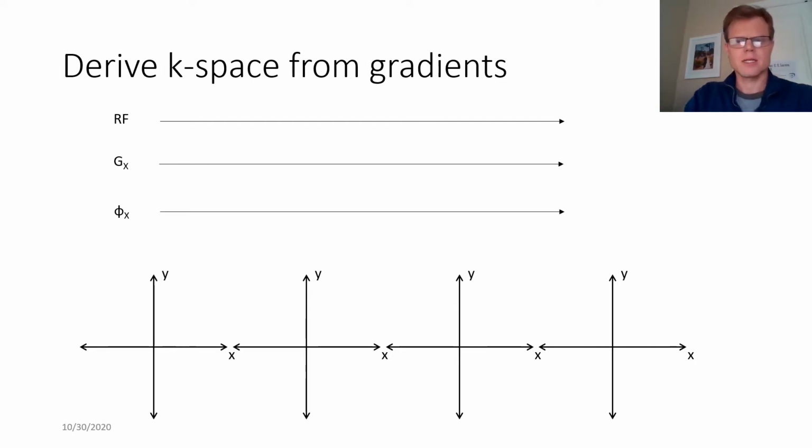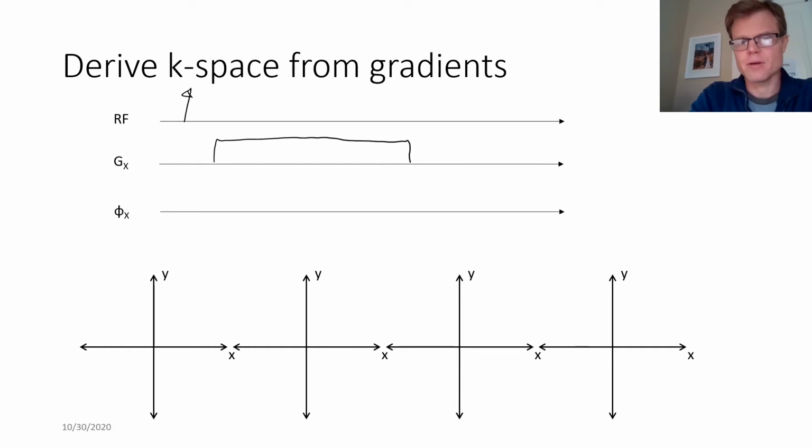To motivate K-space, I'd like to draw a simple pulse sequence. You have some RF excitation. Then we're going to turn on and off a magnetic field gradient, and we want to look at the behavior of net magnetization at 4 different points in time, and specifically look at the phase accumulated by the net magnetization.